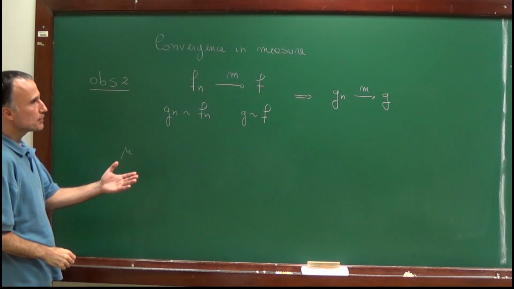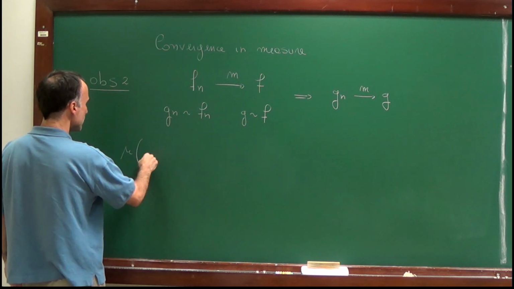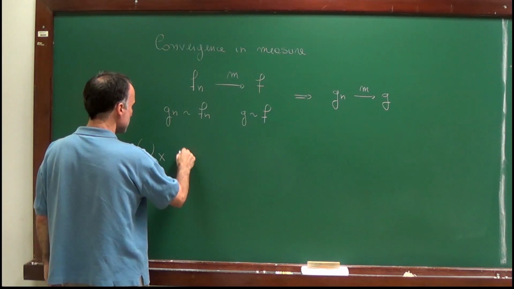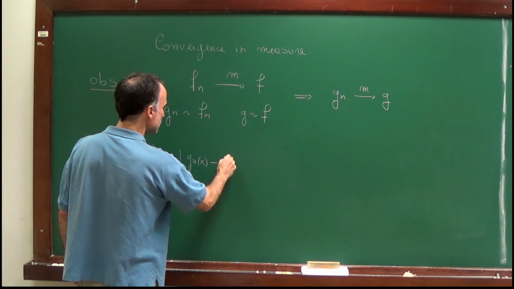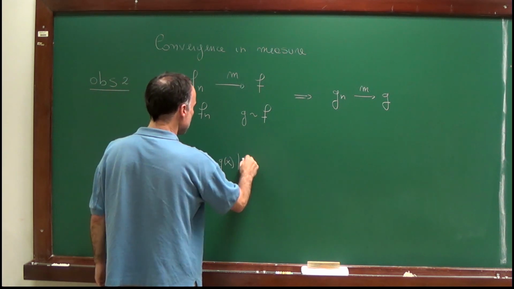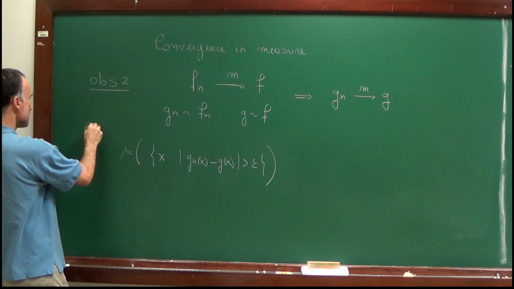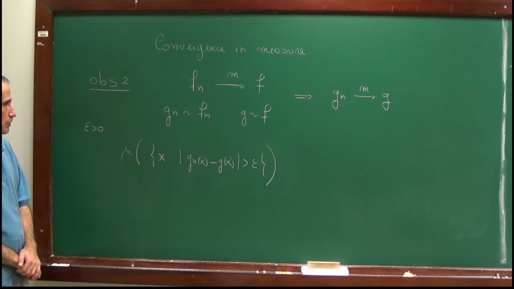So in order to show that gn converges to g in measure, we have to estimate the measure of the sets of points x such that |gn(x) minus g(x)| is larger than epsilon. So we fix an epsilon positive, and we want to estimate the measure of this set.